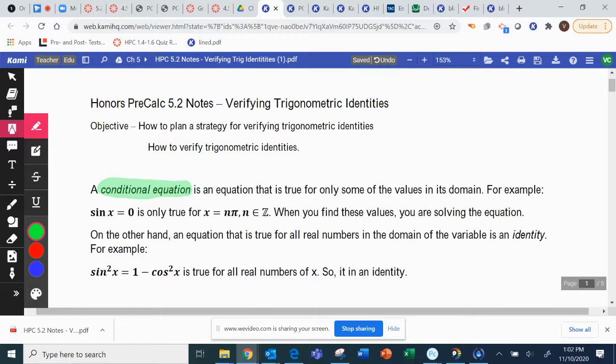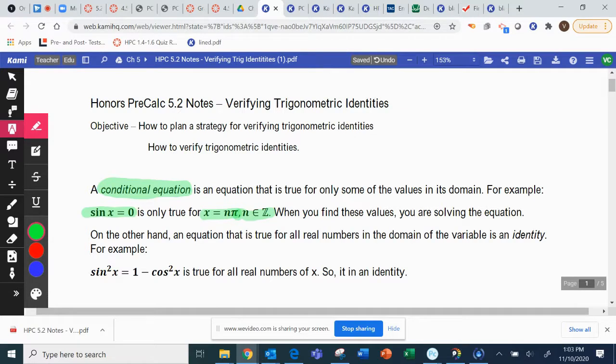So in 5.2, the conditional equation might be something that you haven't really used vocabulary-wise before. A conditional equation is an equation that is true for only some values in the domain. For example, sine x equals 0 is a conditional equation because it only works for values of pi, as long as those values of pi are multiplied by an integer.